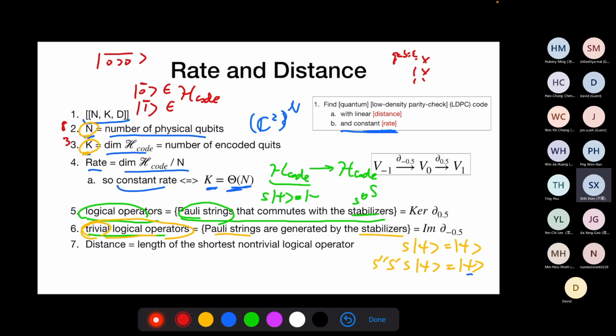Then how do I say this is logical 1 or this is logical 0? How do I distinguish different states in the encoded Hilbert space?